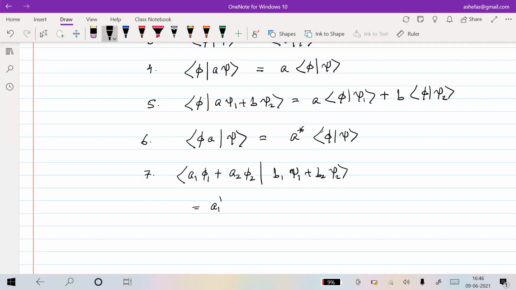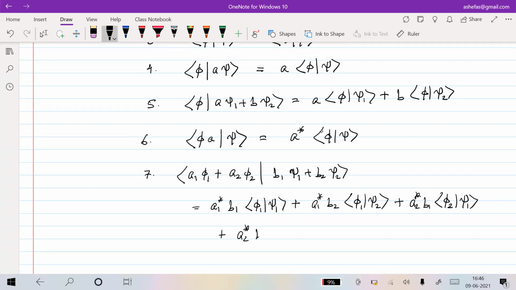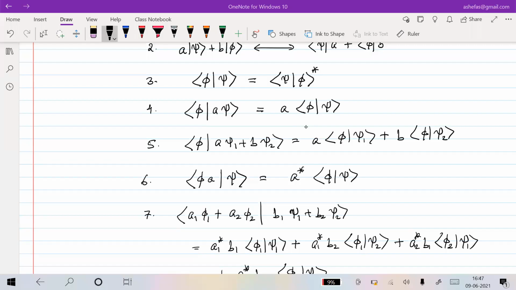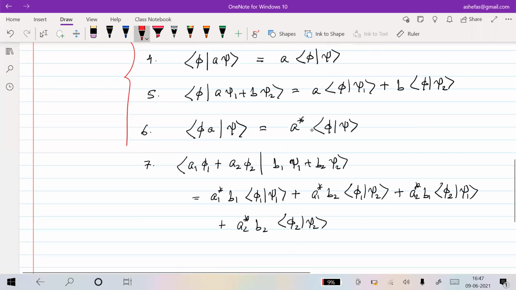One is a1 star b1 times the inner product between phi 1 and psi 1, plus a1 star b2 times the inner product between phi 1 and psi 2, plus a2 star b1 times the inner product between phi 2 and psi 1, plus a2 star b2 times the inner product between phi 2 and psi 2. So all these conditions are based on the inner product of the vectors.